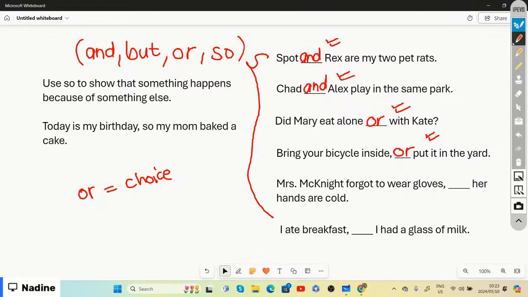Do we say and her hands are cold, but her hands are cold, or her hands are cold, so her hands are cold? I'm going to read it again. Mrs. McKnight forgot to wear her gloves. Her hands are cold.